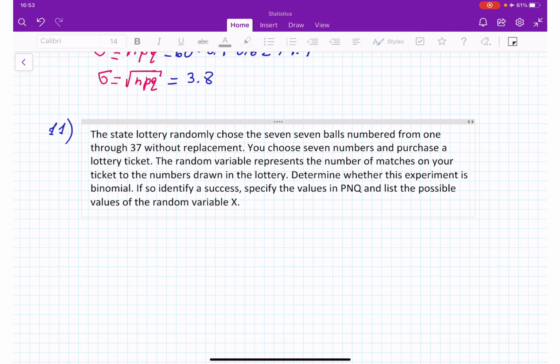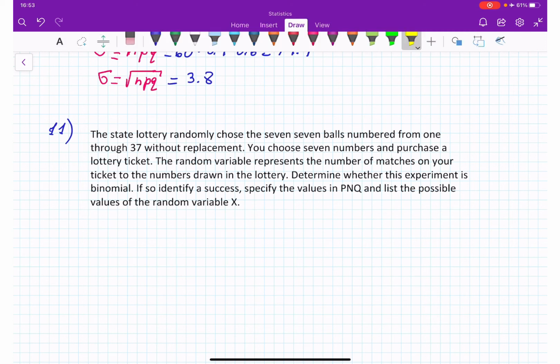The state lottery randomly chose 7 balls numbered from 1 through 37 without replacement.